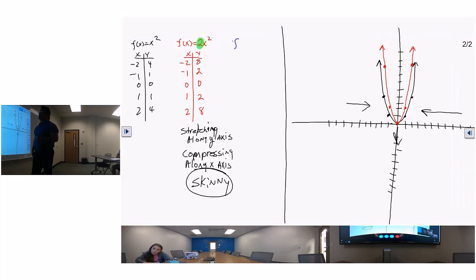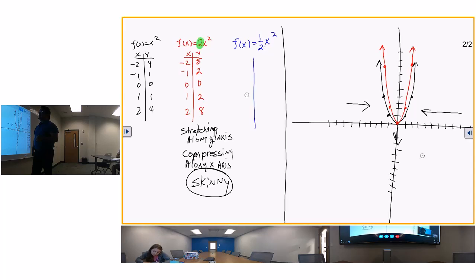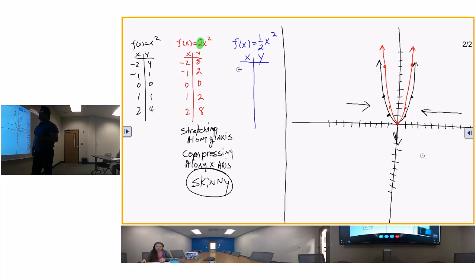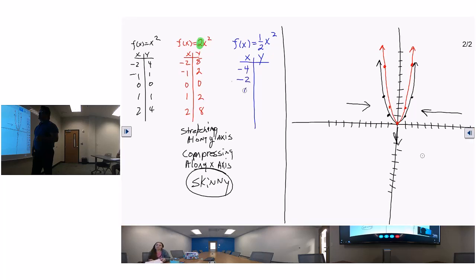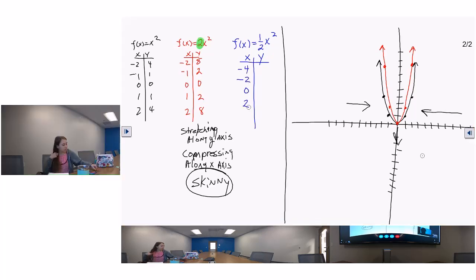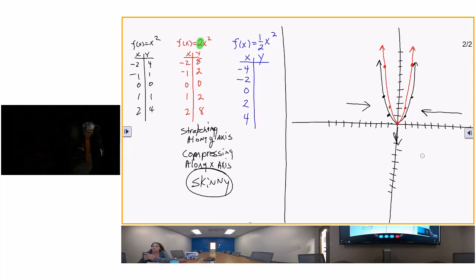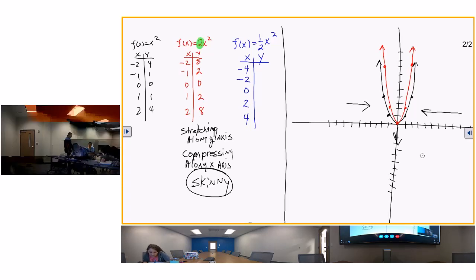So f of x is equal to 1/2 x squared. And being the good teacher that I am, I'm going to tell you to use multiples of the denominator, because it's a fraction. Any good teacher would tell you to do that. If you haven't been taught that, you had a crappy teacher. Whenever you have a fraction, you always use multiples of the denominator.